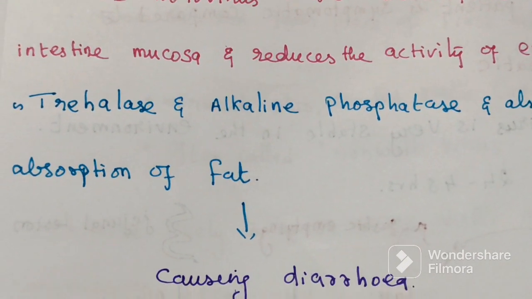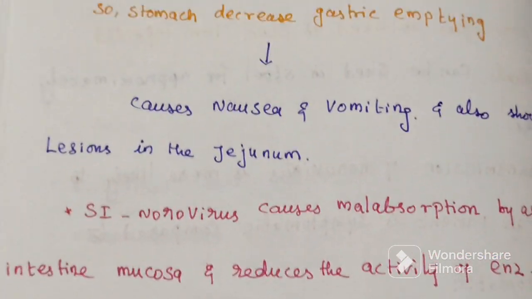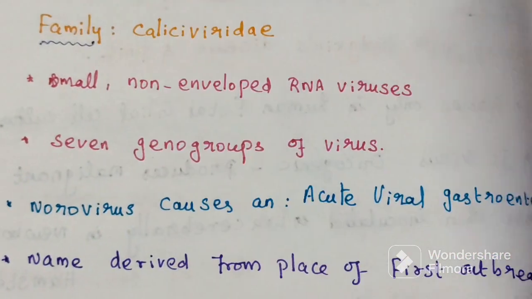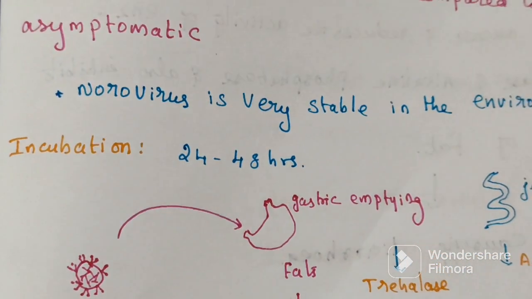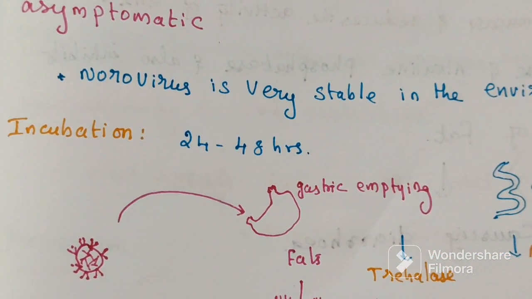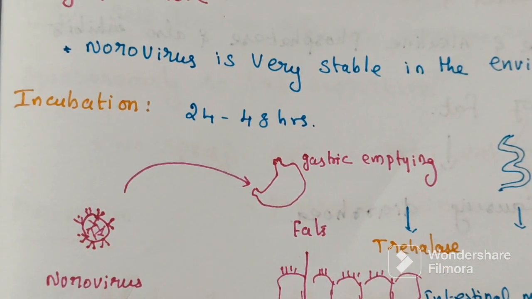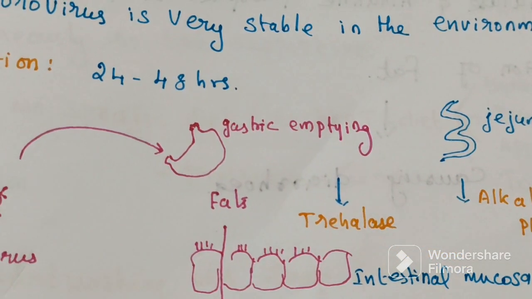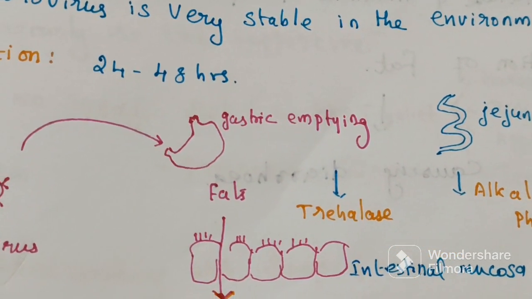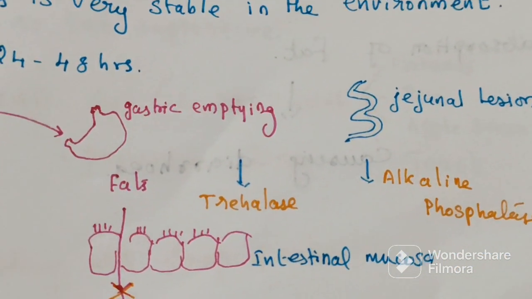So after the incubation period, norovirus directly affects the gastrointestinal system. In the stomach, it decreases gastric emptying, which is hypothesized to be the reason for nausea and vomiting.